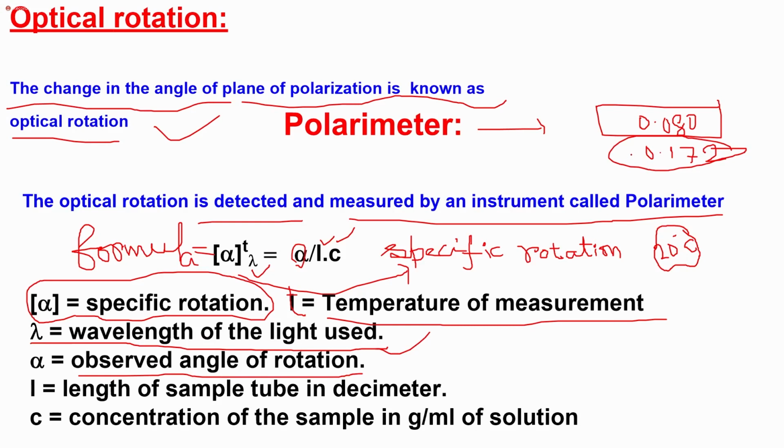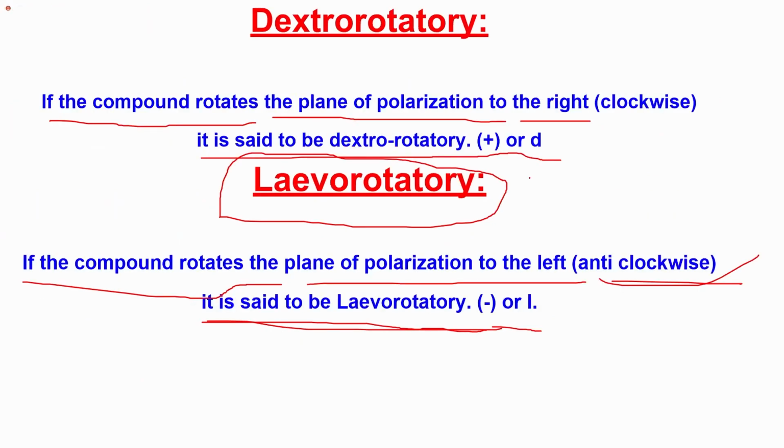So how is it showing? If it shows a positive value, then it is positive, which means D, dextrorotatory: the plane of polarization is rotated to the right, clockwise. If the compound rotates the plane of polarization to the right side, the compound rotates in the clockwise direction, so that's why it shows the plus.